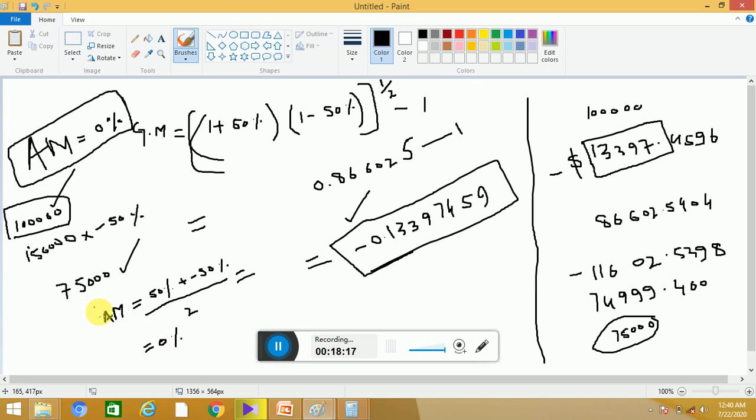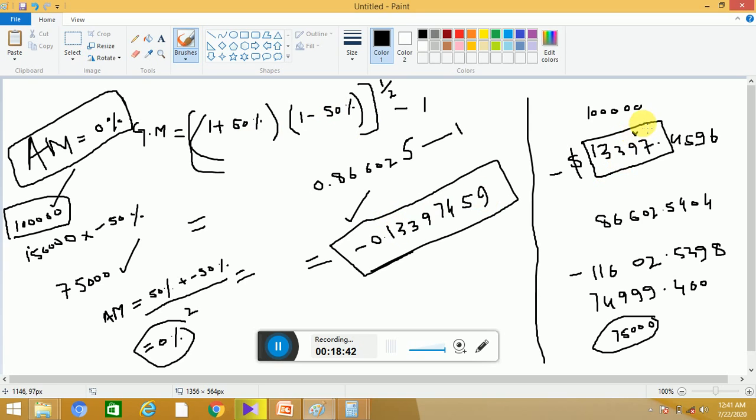But arithmetic mean tells us that there is a 0% loss. But when we use geometric mean, it gives us information that there is a loss of 0.133974, means 13.397459.